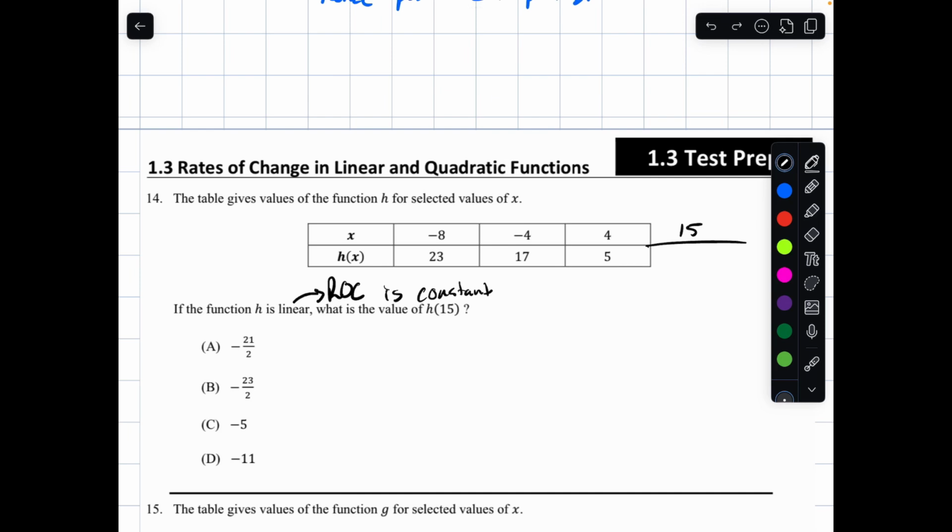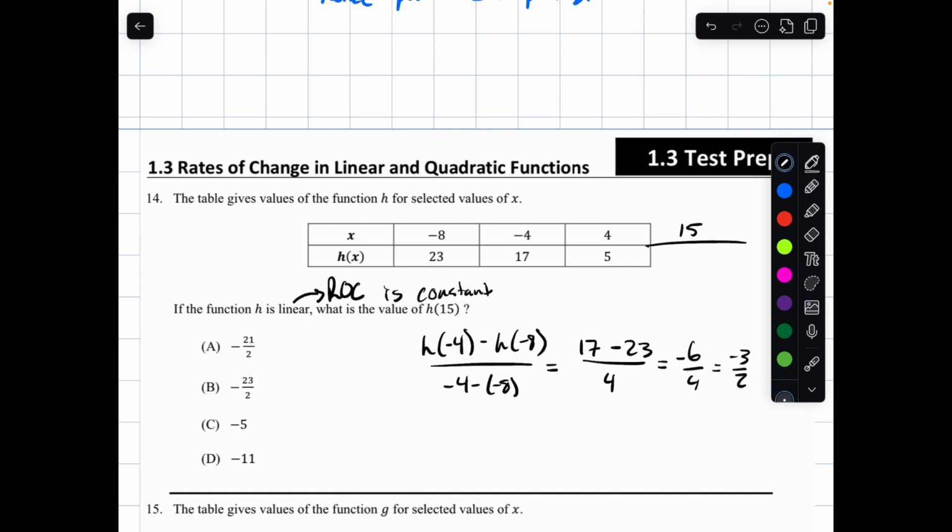So I could do h of negative 4 minus h of negative 8 over negative 4 minus negative 8. And I could get h of negative 4 would be 17 minus 23, all of that over positive 4, which makes sense because when I get that result, what am I going to get? I'm going to get negative 6 over 4, so negative 3 over 2.